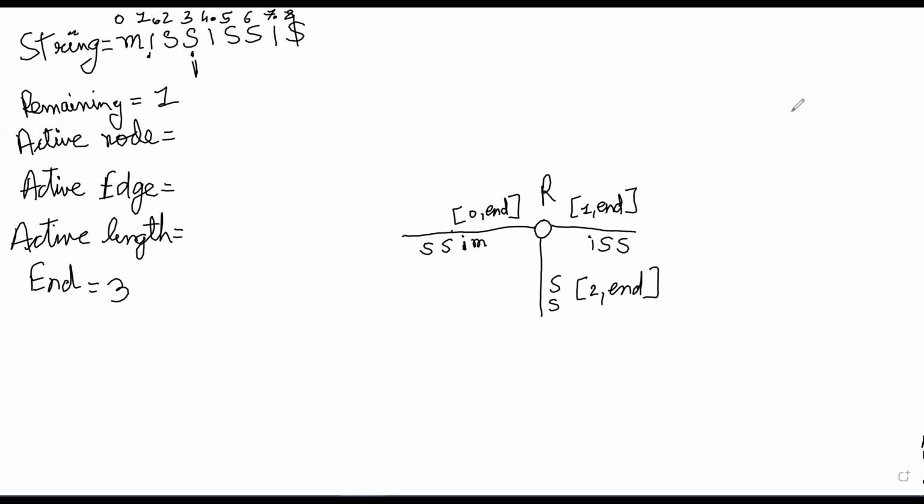So now from the root node, we'll search for S, and as we can see, we do not have to make any leaf node for S, so we can change our pointer from the root node to the initial S here. According to rule 3, if we have directly got the character which we were looking for, we do not decrement our remaining pointer. So remaining is going to be 1 only.